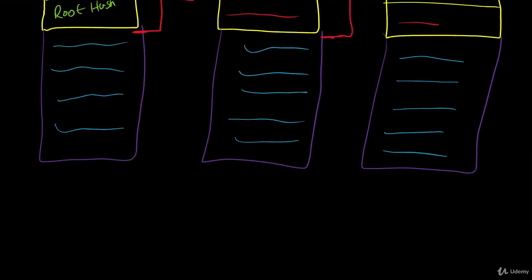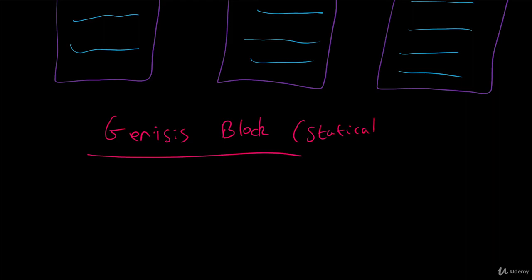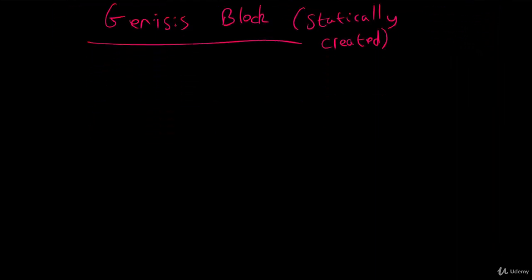And that is called the Genesis block, and this is statically created just as the starting point. So this Genesis block sounds so awesome. Genesis block. I think I spelled Genesis wrong. Either way, you get the picture.